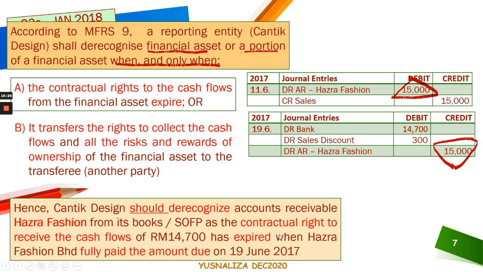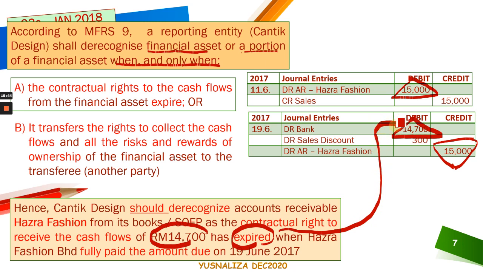Why? Because the contractual right to receive the cash flow of 14,700 has expired. When does it expire? When you receive this cash, or when you debit your bank and credit your account receivable. So the contractual rights to receive cash expired when Hazra fully paid.